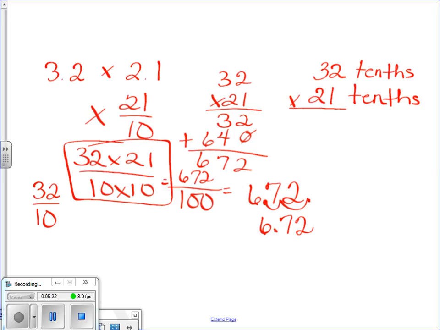It's just, why? So, you would multiply it like we did right here, and you would end up with 672, like I did right here. I don't want to do all the work again, I just did it. And then tenths and tenths, you get hundredths.